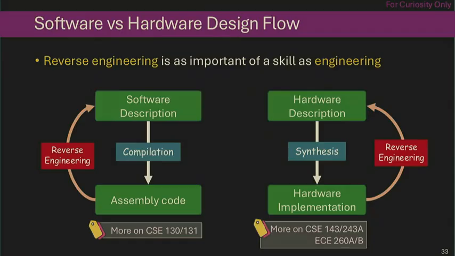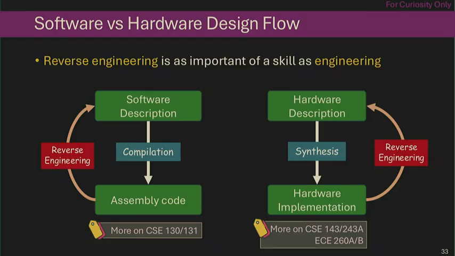This problem, implementation and analysis, is a problem for both software and hardware. For software, implementation is called compilation, the conversion of human understandable code into assembly code. In hardware, it's called synthesis, the conversion of a hardware description language, a behavior description, into a circuit implementation. Analysis and implementation are equally important tasks.